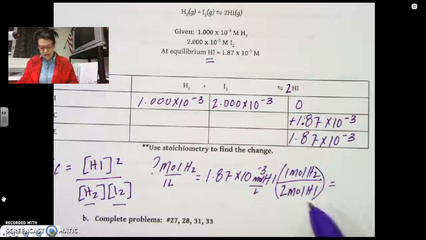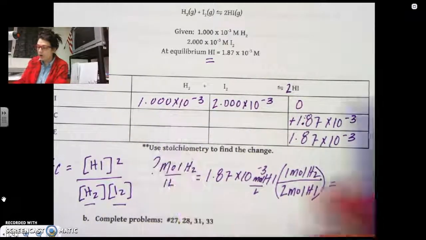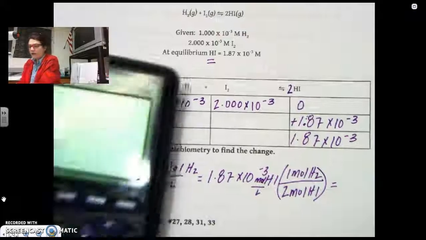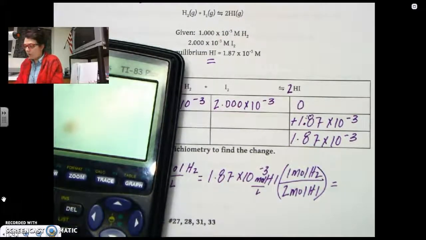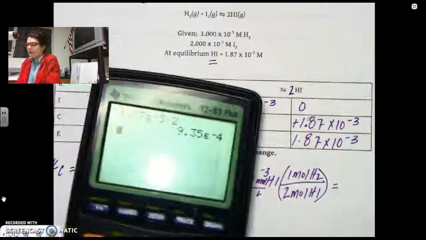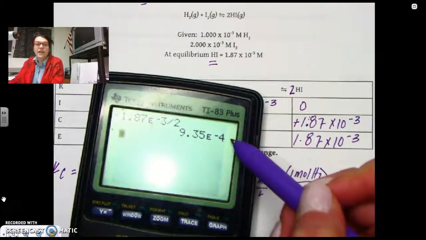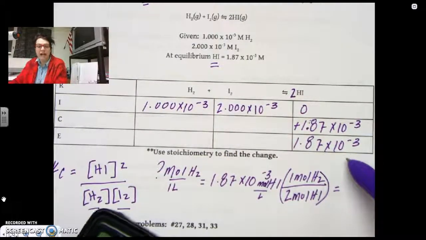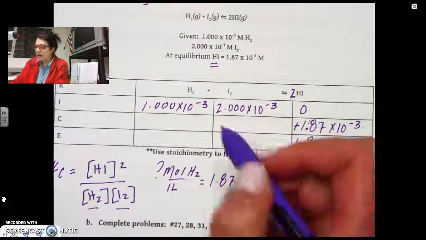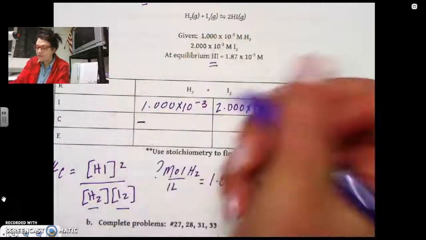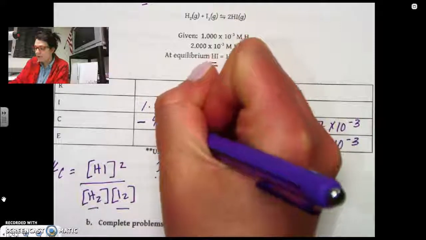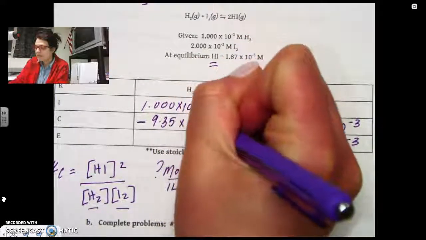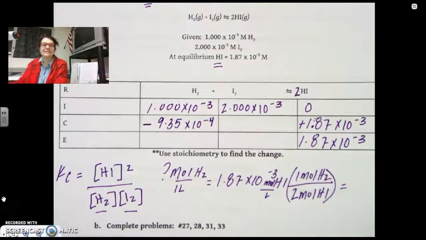So with that being said, if I start with 1.00 and I do this math, so if I say 1.87 times 10 to the negative third divided by 2, that means that I used 9.35 times 10 to the negative fourth H2 to make this amount of HI. So with that being said, my change is I'm going to subtract the 9.35 times 10 to the negative fourth, because that's the change.